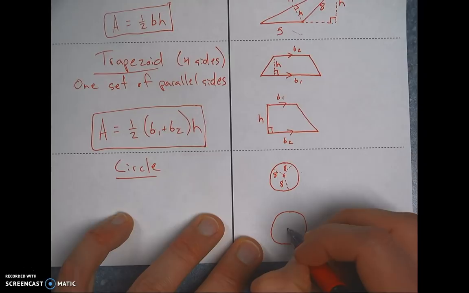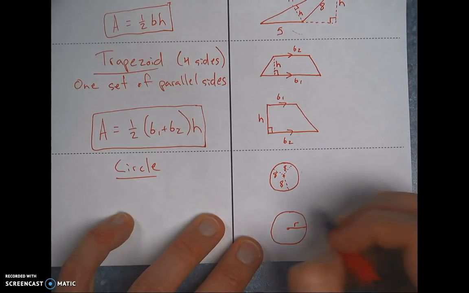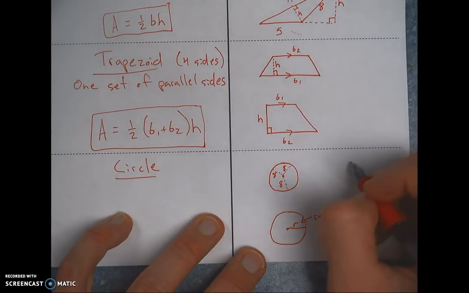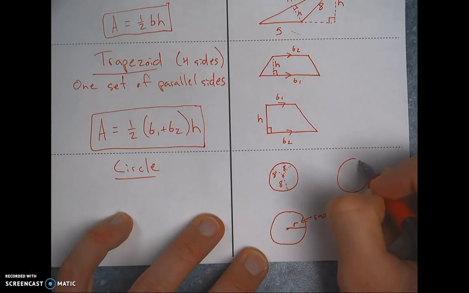So this distance from the middle to the outside, that's the same in every direction. That's called your radius. That's an important number we're going to use. You also could take a circle and draw a line through the center all the way across. So it's like a radius going this way and a radius going the opposite way. It stretches all the way across.